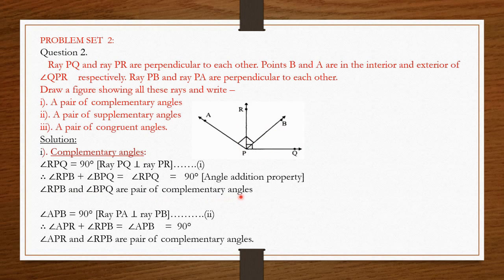Second one, angle APB equals 90 degree, that is ray PA is perpendicular to ray PB. Then angle APB is also the sum of two angles, that is angle APR plus angle RPB equals angle APB, that is 90 degree. Therefore, angle APR and angle RPB are a pair of complementary angles.